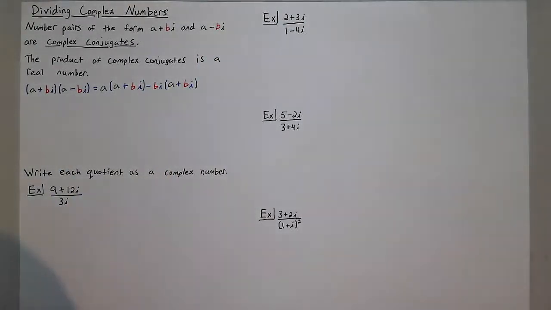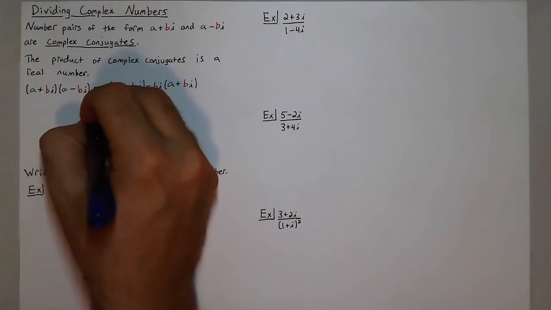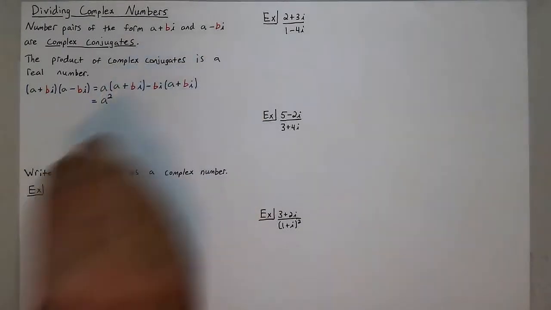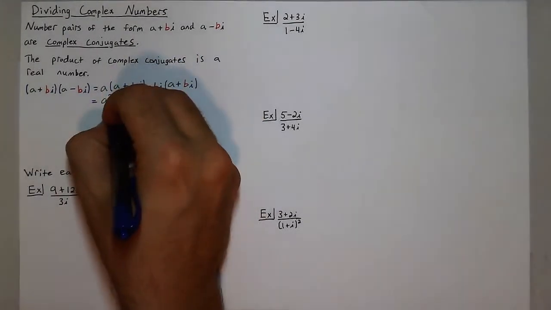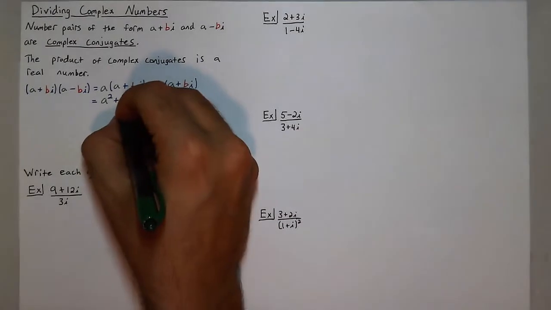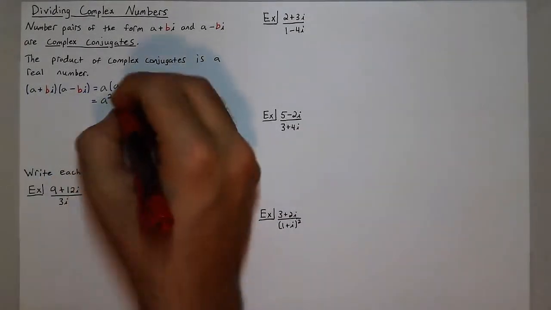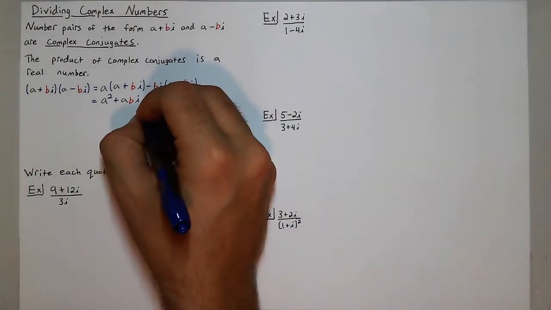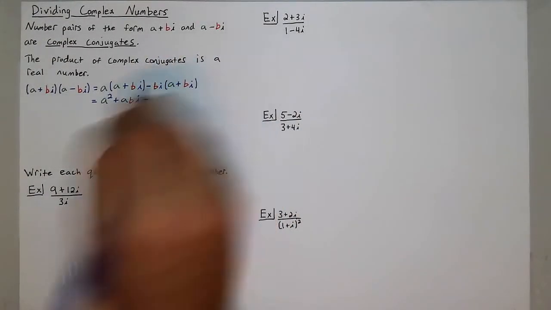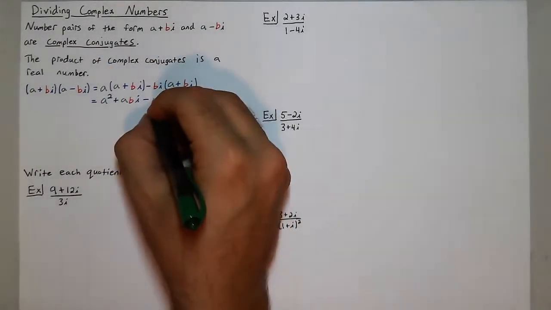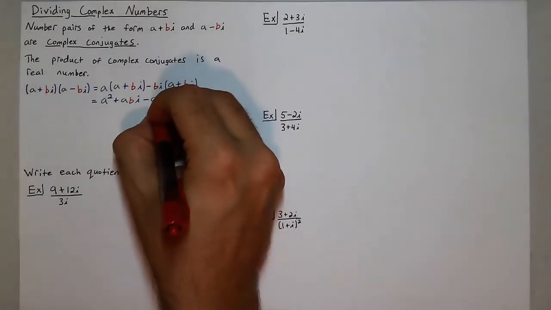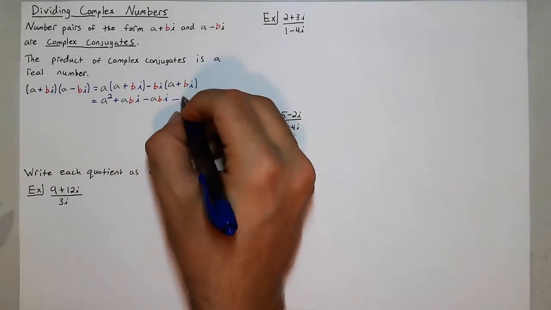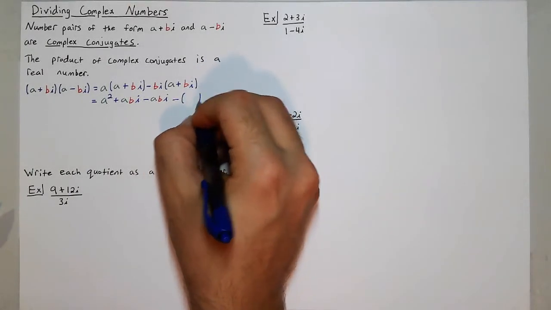So when I multiply this out, I will get a squared plus abi, and then minus abi, a times b times i, and then minus b times i squared.